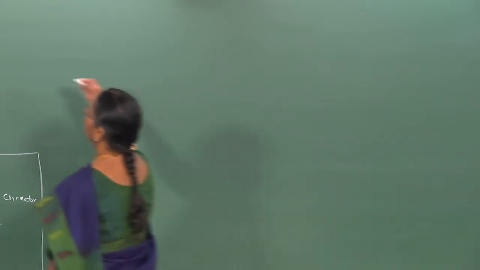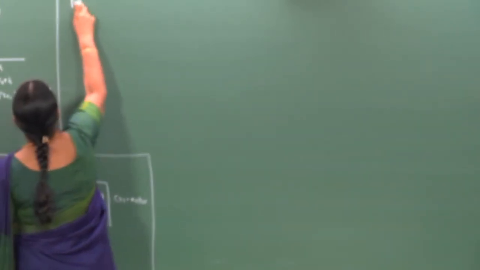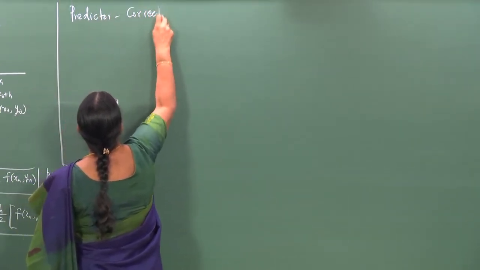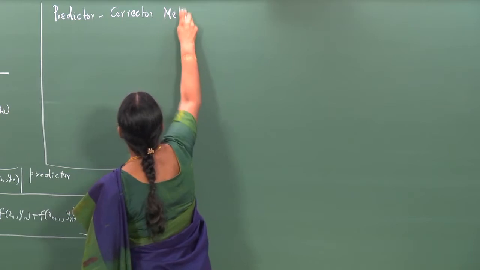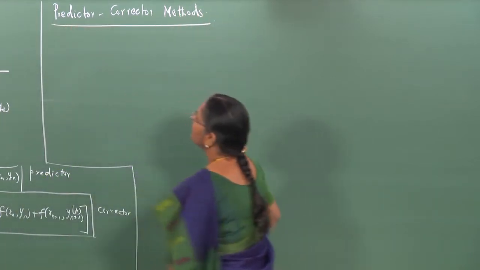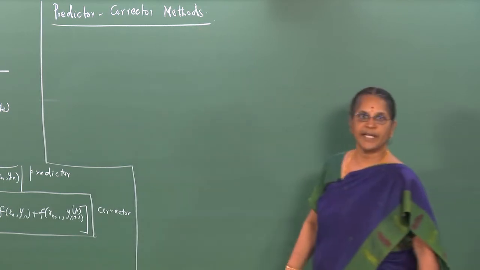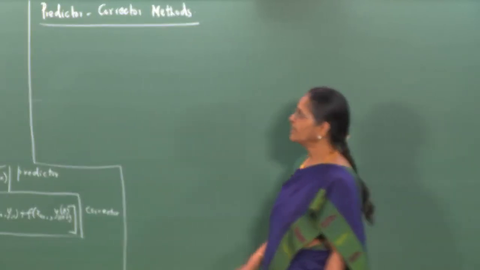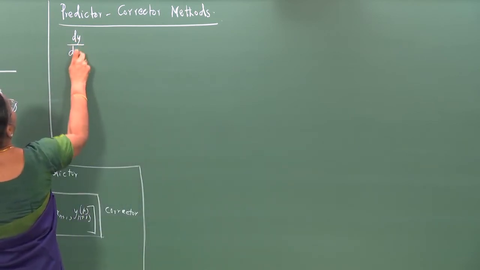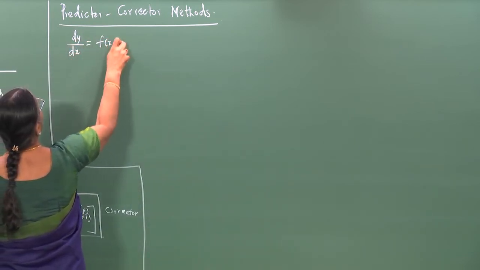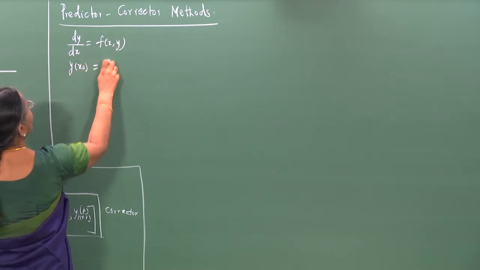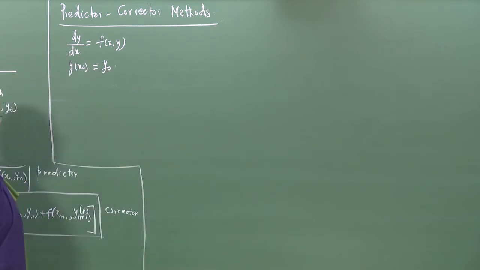So, we will derive some predictor-corrector methods in this class, which help us to solve dy/dx = f(x, y), given that y(x0) = y0.